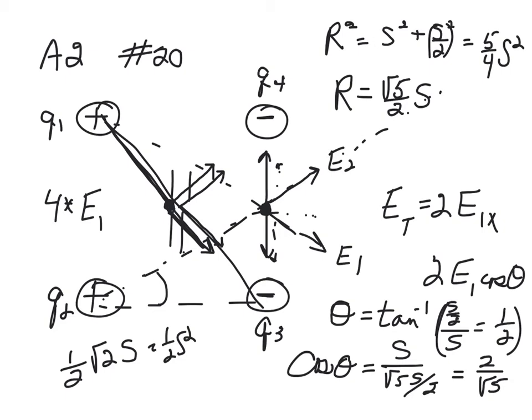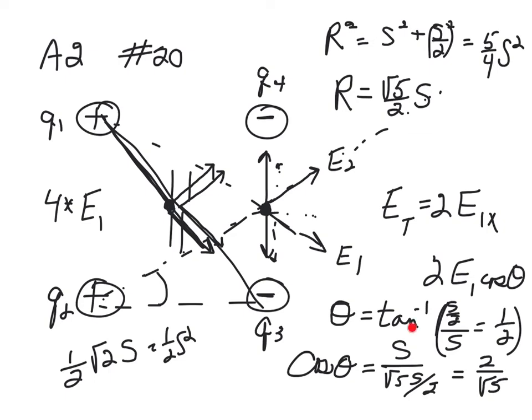And so the inverse tan of a half, and it's something like 26 something degrees. And then if you take the cosine of that, you'll get the value. But watch, the cosine of this angle is the adjacent over the hypotenuse. So the cosine of theta is the adjacent s divided by the hypotenuse, this.